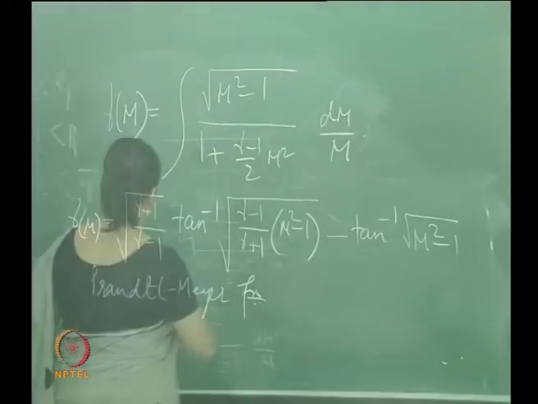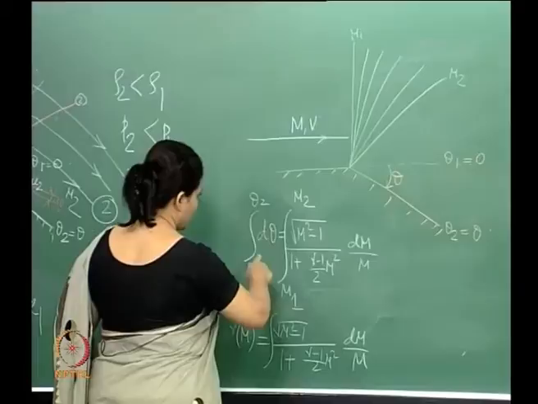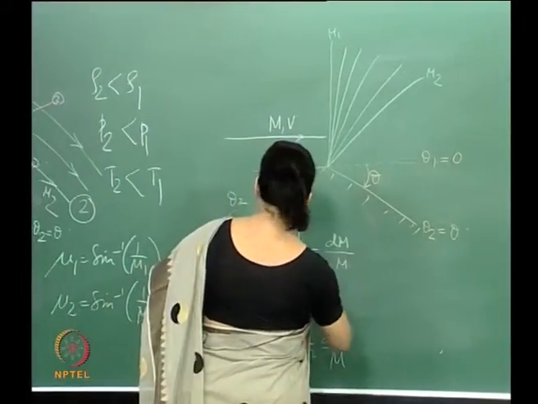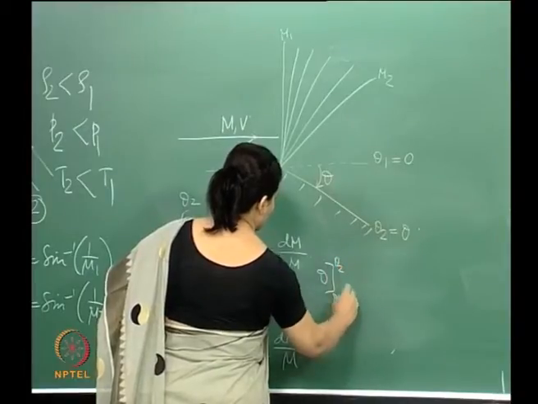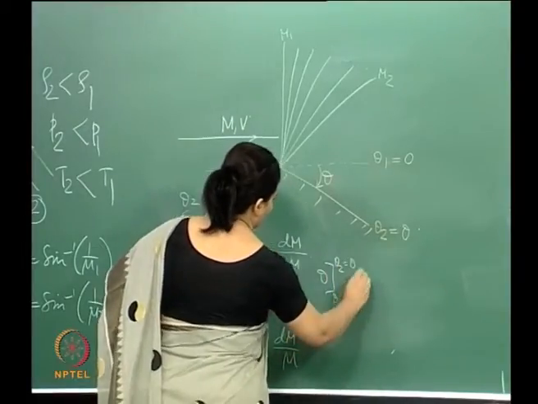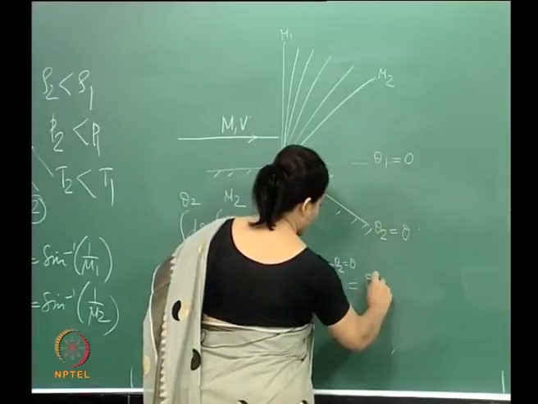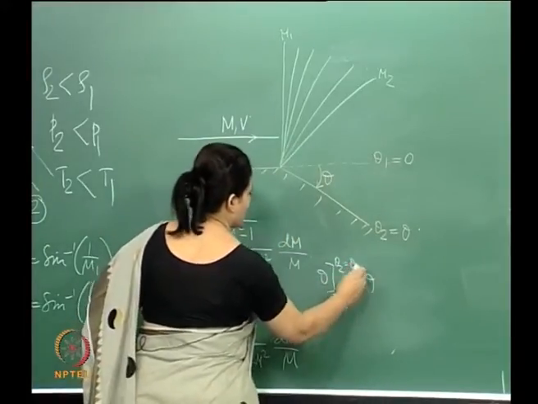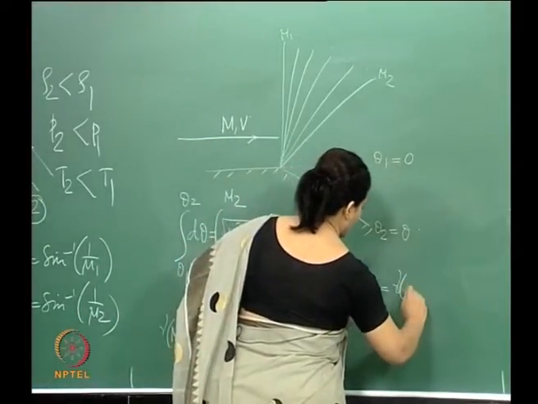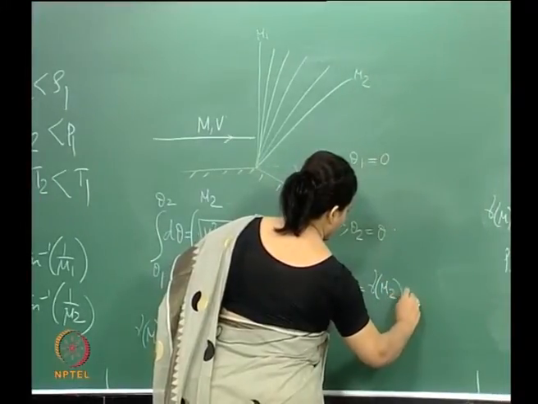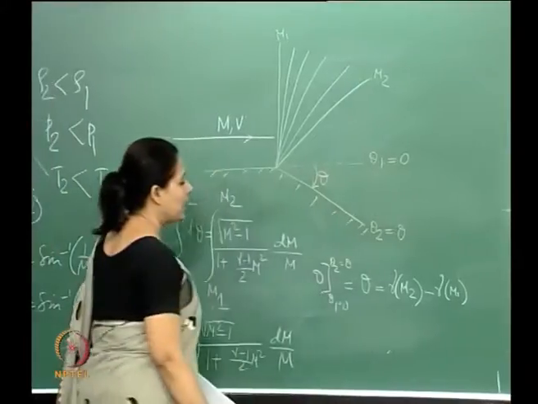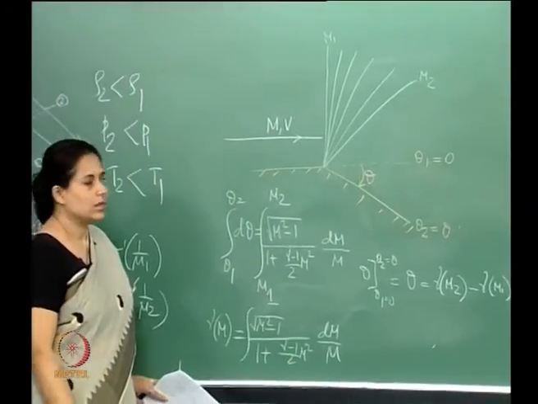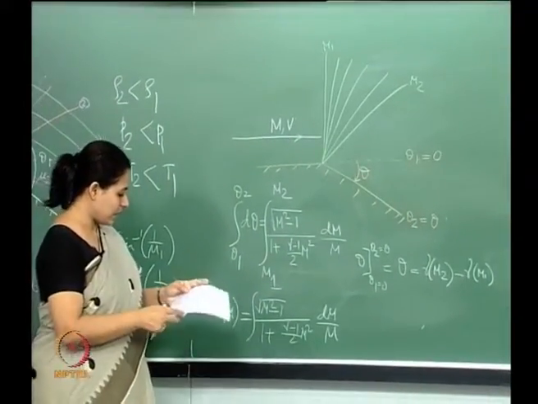Okay. So, if I write this integral in this form, which is the Prandtl-Meyer function, then coming back here, my total change in theta, that is theta going from theta 1 to theta 2, which is 0 to theta, becomes theta. So, then I can write that as the Prandtl-Meyer function of M2 minus that of M1.